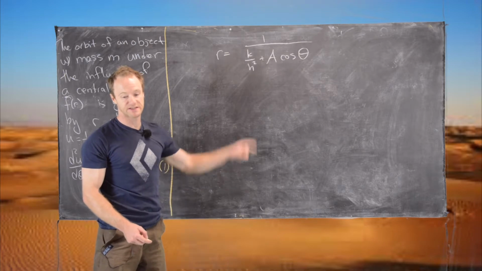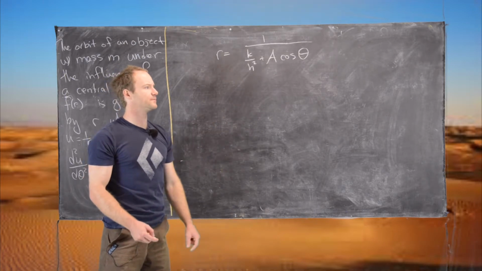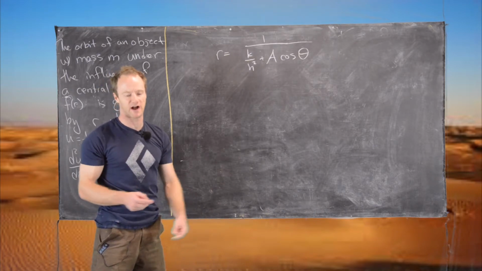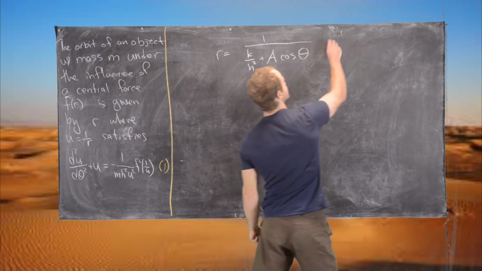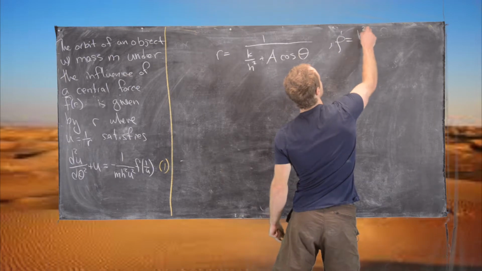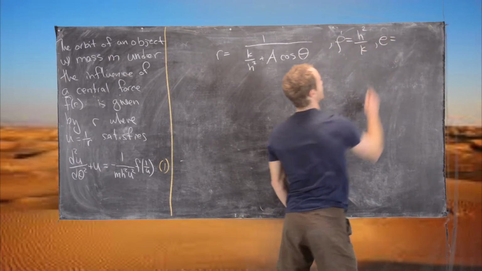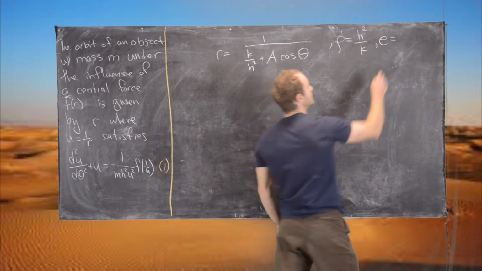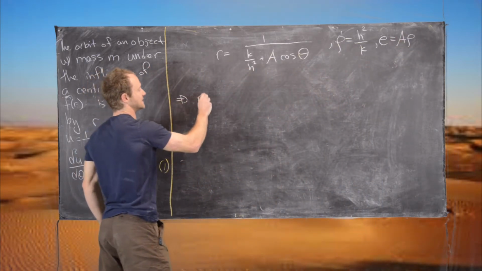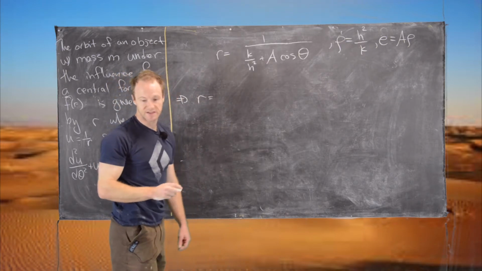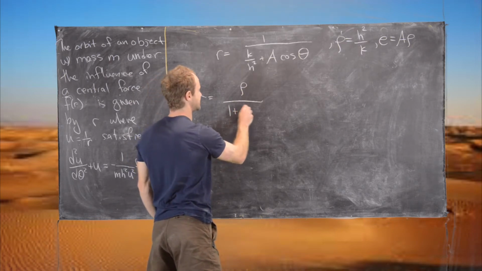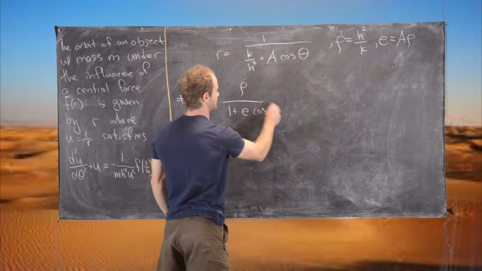Now what we want to do is set these equal to some other constants, which will make it look more similar to what you might find in a textbook. So if we set rho equal to h squared over k, and then if we set e equal to A times rho, then that means we're able to write this r as rho over 1 plus e cosine theta.